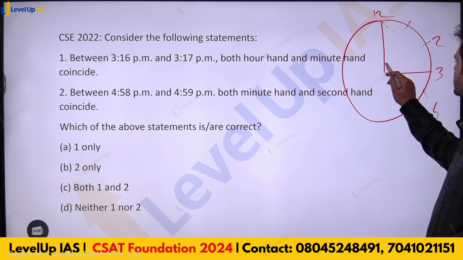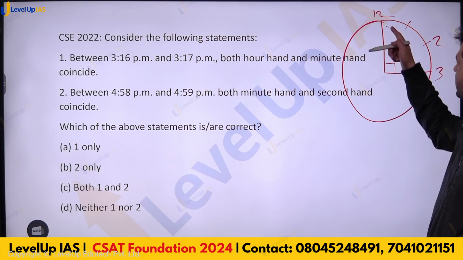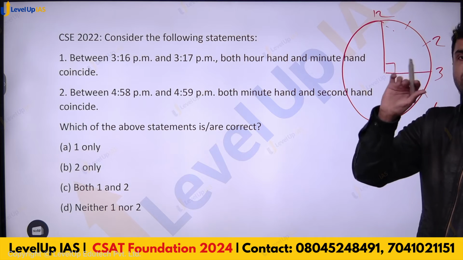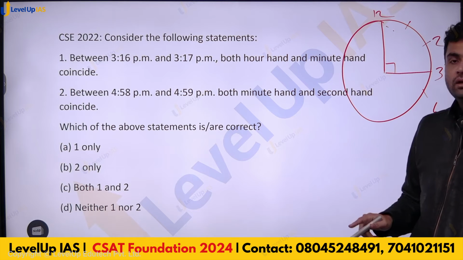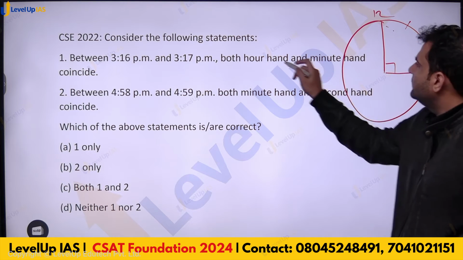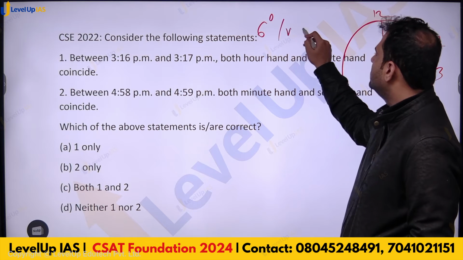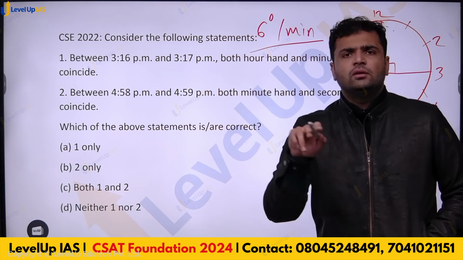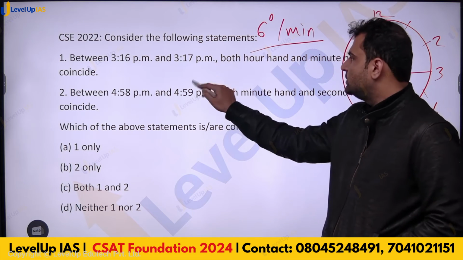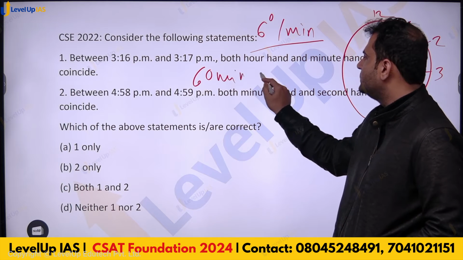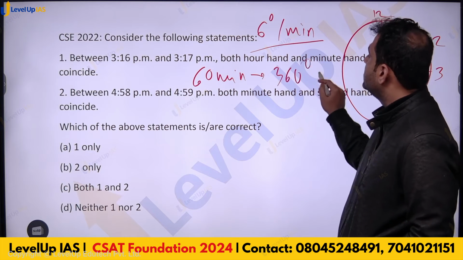So now look, this is a 90-degree angle. The minute hand travels at the rate of 6 degrees per minute, because in 1 hour or 60 minutes it travels the entire circle, which is 360 degrees.